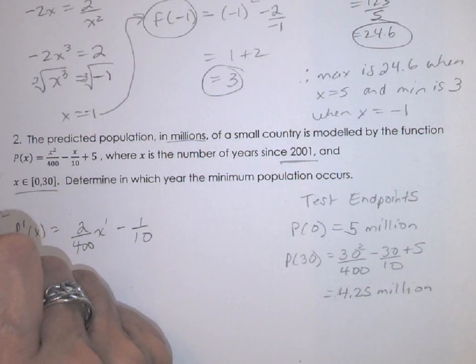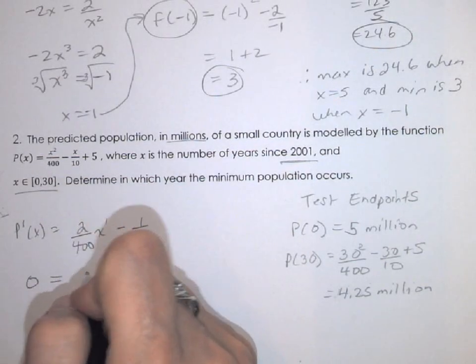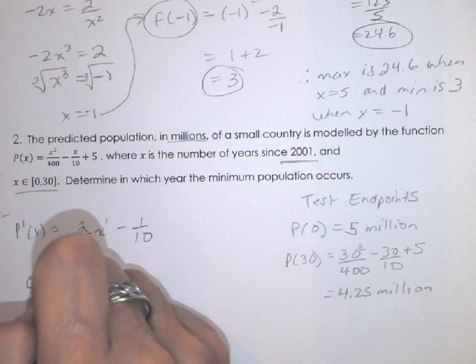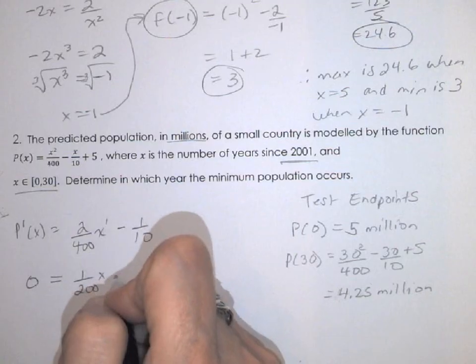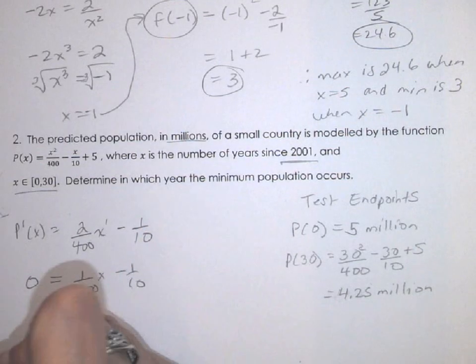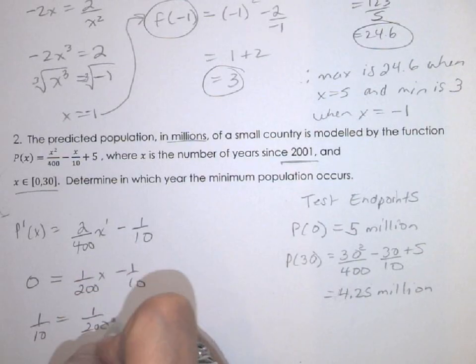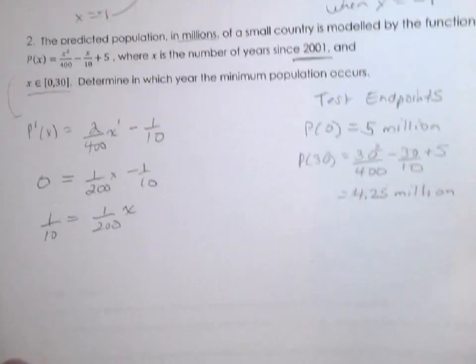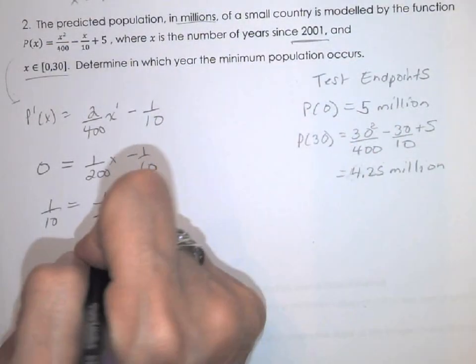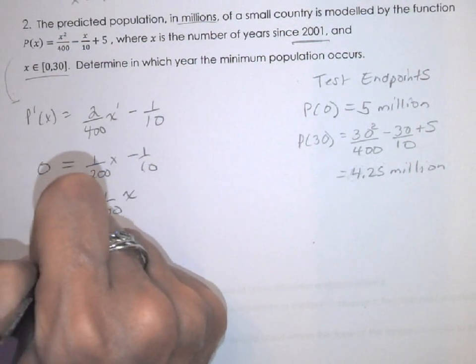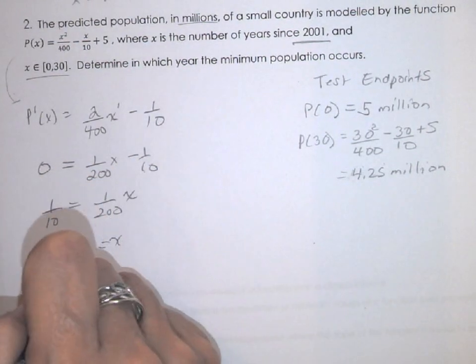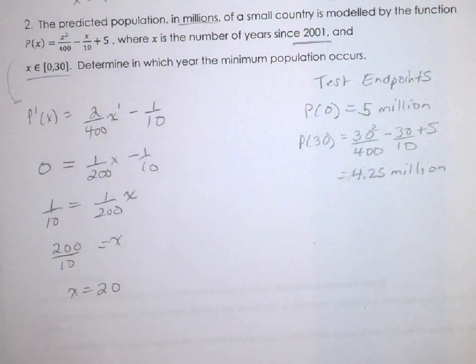Okay, so we're going to set that equal to 0, and that'll be 1 over 200 x minus 1/10. Add 1/10 to both sides. Multiply both sides by 200. So x is going to be 20.